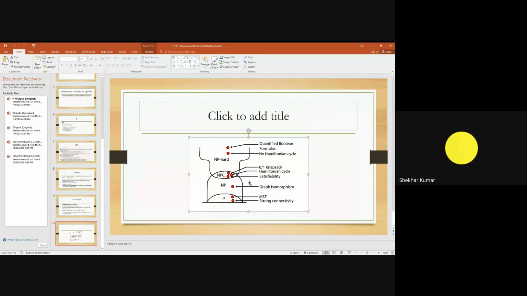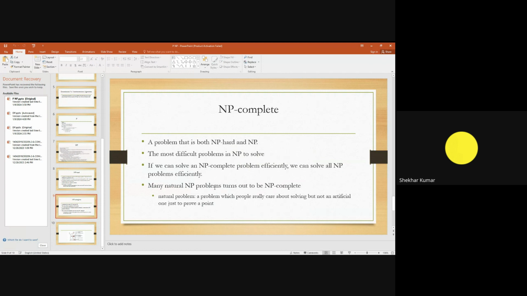So a problem A is NP hard if every problem in NP reduces to it. These types of problems are called your NP hard problem, NP problem, NP complete problem.